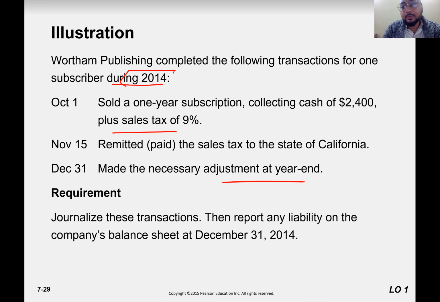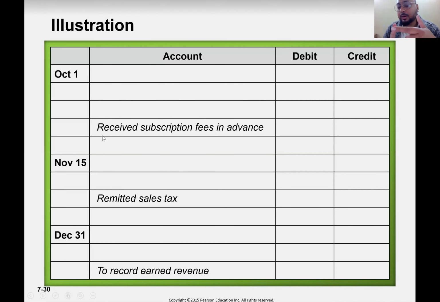October 1st, sold a 1 year subscription, which includes 12 months, collecting cash of 2,400 plus sales tax of 9%. So the entry would be cash collected 2,400 plus the 9%. The answer would be cash 2,616.